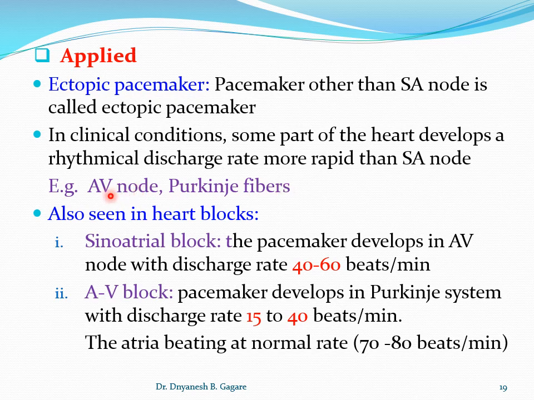So the AV node can act as a pacemaker if its rate of generation of impulse is more. Even Purkinje fibers can act as a pacemaker if they increase their production of impulses, but normally it does not happen.